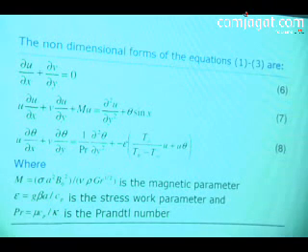Using these quantities, we obtain the non-dimensional forms of the governing equations, and in these equations we get three parameters. The first parameter is M, the magnetic parameter, the second one is the stress work parameter, and the third one is the Prandtl number.